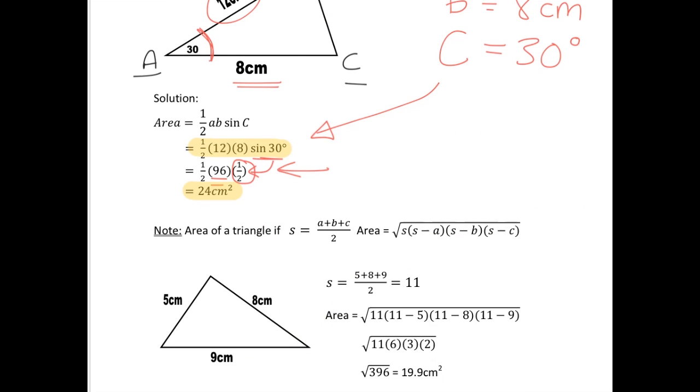Another way we can work out the area of a triangle is if we're given the lengths of all of the sides of the triangle.